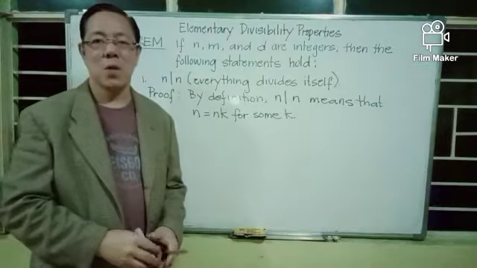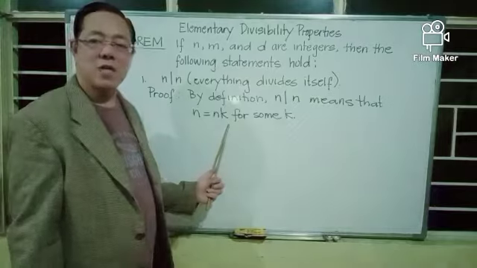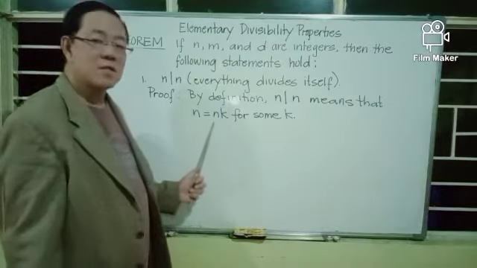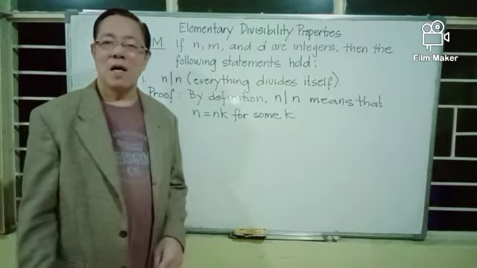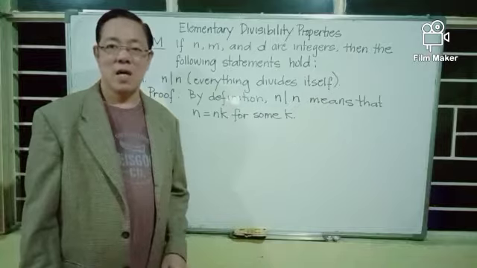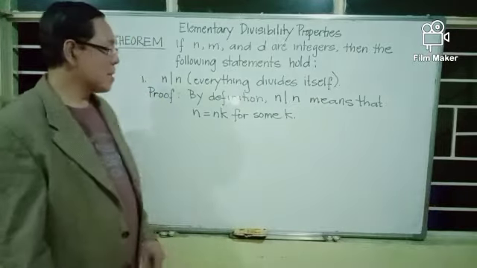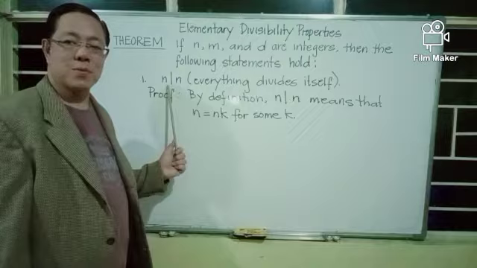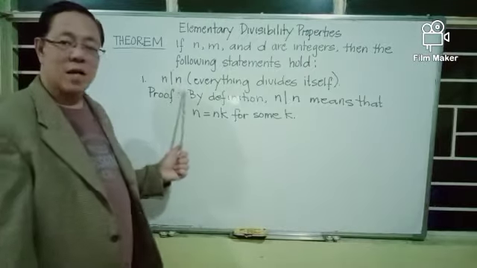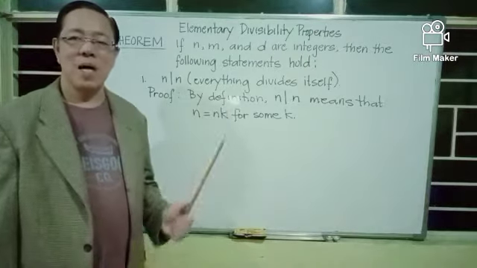Now what you have to show is there exists an integer k such that this equation is satisfied. And if you cannot find that integer k, then this is not true, and n does not divide n.